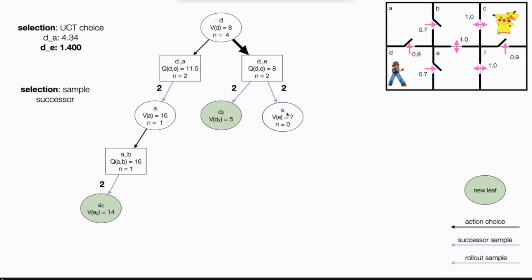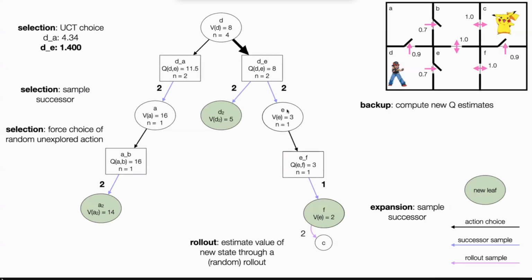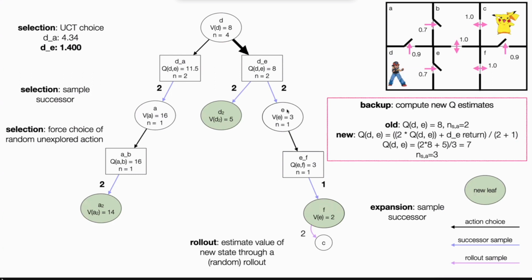Now we hit E for a second time, so we're allowed to expand it. So we force an action choice of F. We sample a successor, we roll out, we back it up, and compute our new estimate. That makes that cheaper again. So now you can see we've washed out the effect of that expensive rollout before.